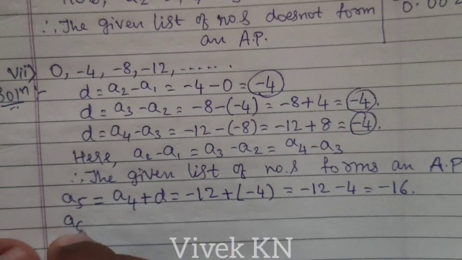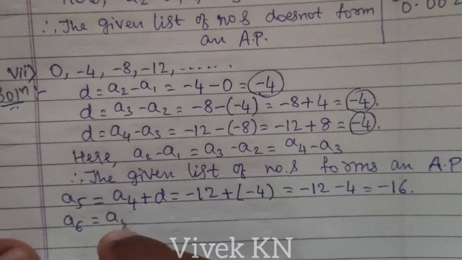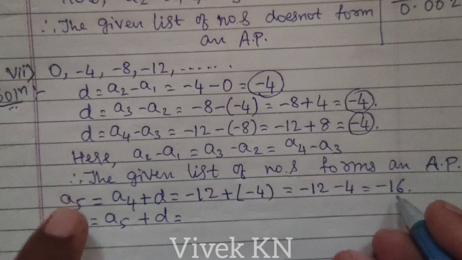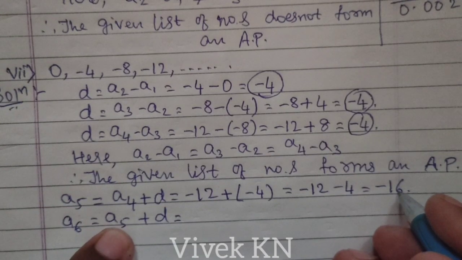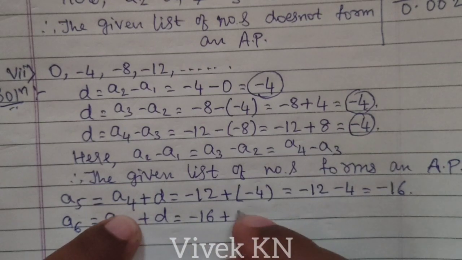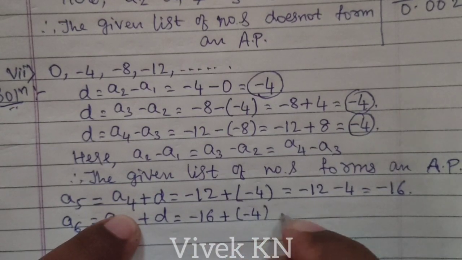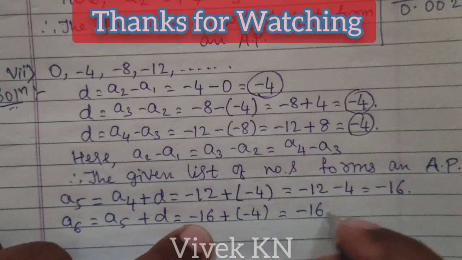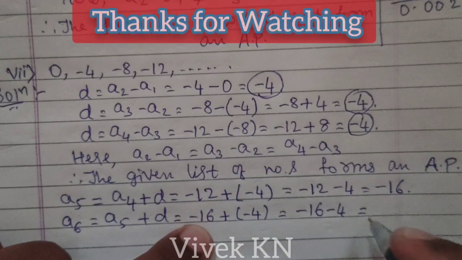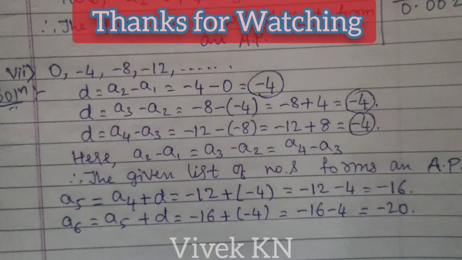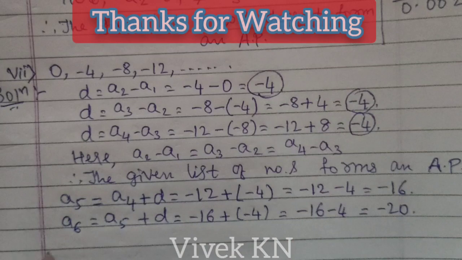Next sixth term is obtained by adding common difference to the fifth term. Fifth term value minus 16 plus value of d is minus 4, which is equal to minus 16 plus minus 4, adding these two terms we get minus 20 as the sixth term.